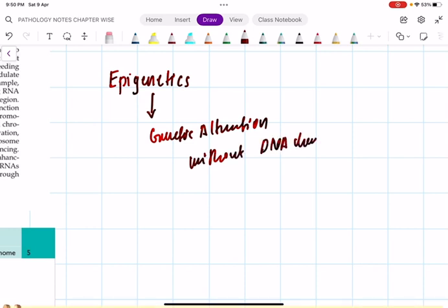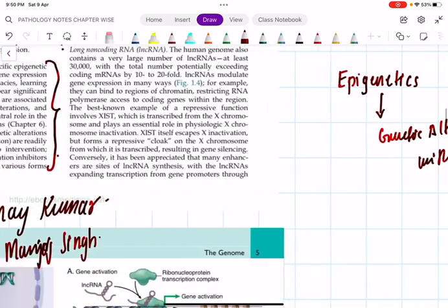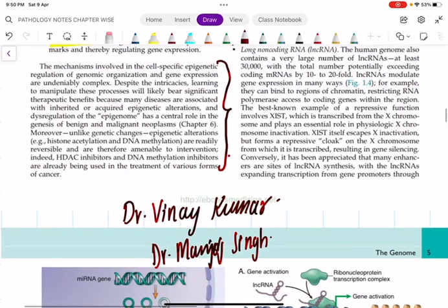That is methylation, acetylation, all those happen. I told you, histone deacetylases, phosphorylation, all these post-translational modifications form the basis of epigenetics. I told you how we are applying this in pathology. Yes, in cancer pathology, in the mechanism which the cancer has developed, in all those things, the problem lies in epigenetics. I hope that point is very clear for you. Yes, that is what the author wants to tell you in this paragraph.